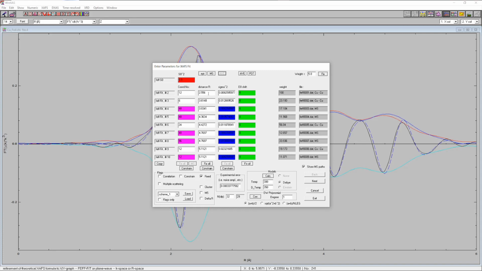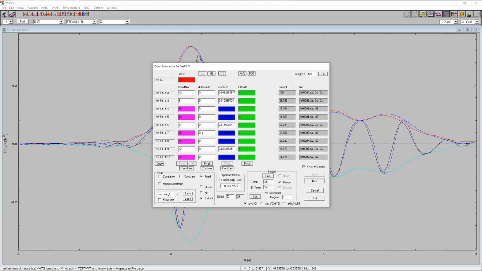The other option is to refine not the distances itself, but a delta R. This is this button down here. If you click this, then all those are substituted by 0. 0 now means that the software uses the distances from the model structure and refines a delta R basically based on those distances from the model structure.